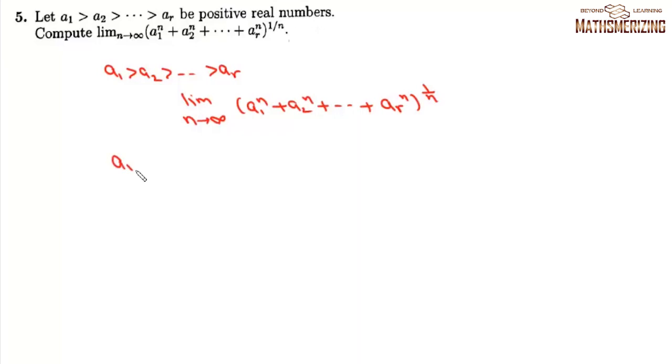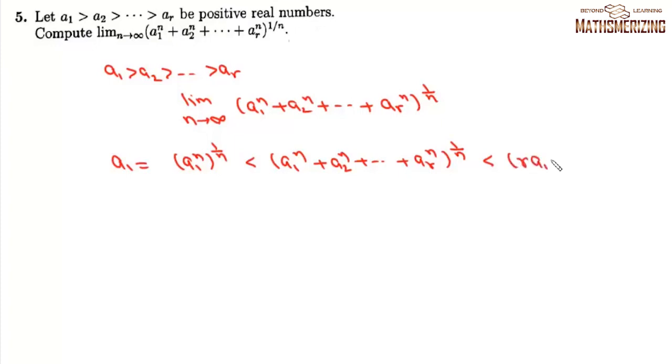Now we know that we can write this A1 as (A1 to the power n) to the power 1 by n, and it will be less than (A1 to the power n plus A2 to the power n plus AR to the power n) to the power 1 by n. Now each of AI is always less than A1. So it will be less than R into (A1 to the power n) to the power 1 by n.